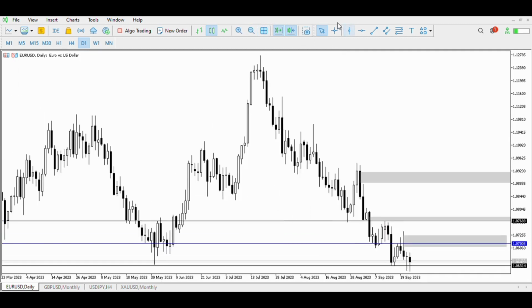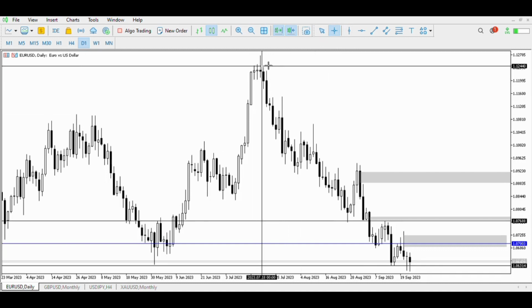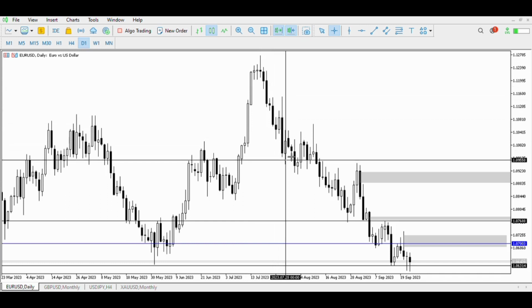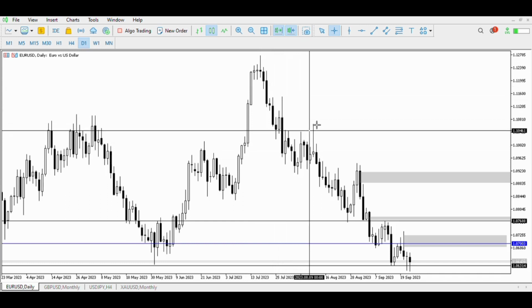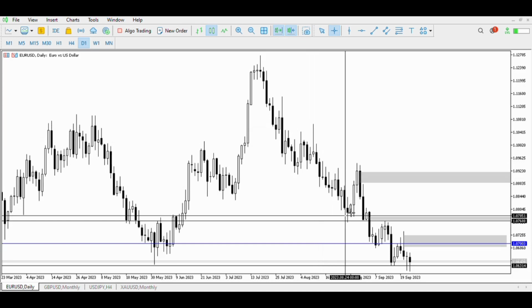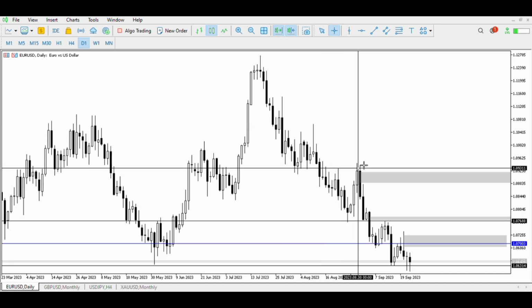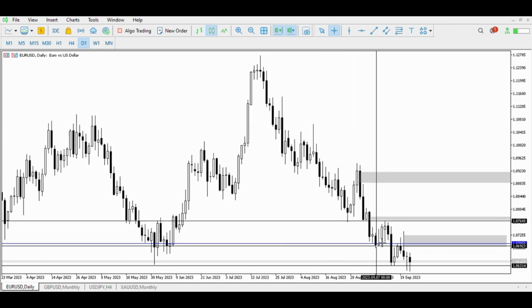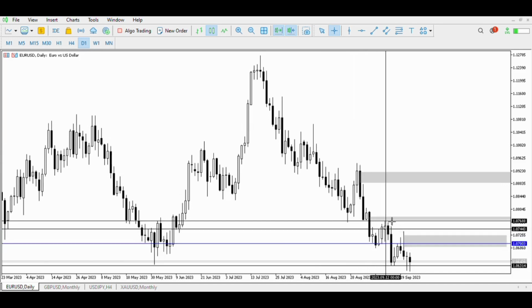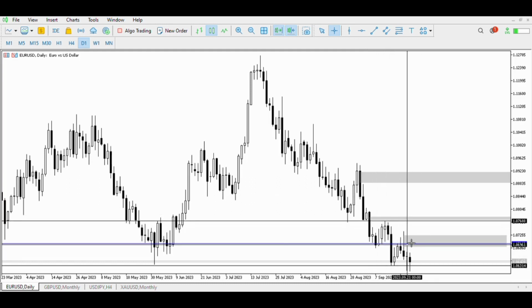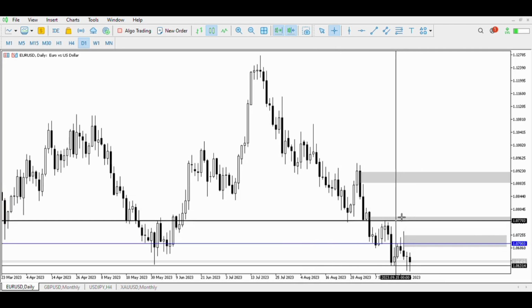We have our current swing high, then price came all the way down to this point, then went up, came down, went up, came all the way down to this point, then price fell all the way down to this level right here, then price went up again, then price went all the way down to this point right here, then price went up, then price came all the way down here. So it means currently, looking at daily time frame, this is the current high and this is the current low.